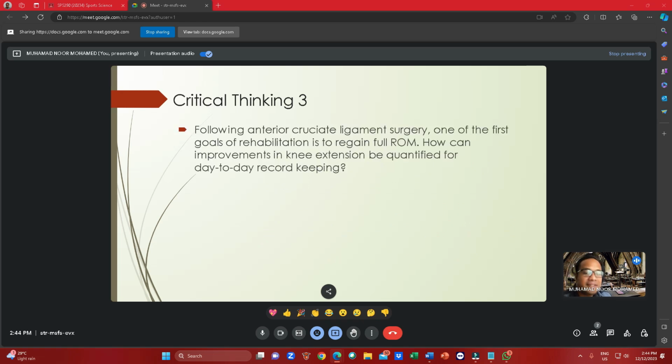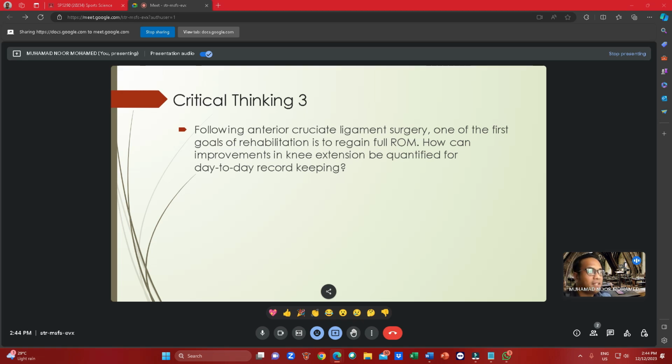following an ACL surgery, one of the first goals of rehabilitation is to regain full range of motion. How can improvement in knee extension be quantified for day-to-day record keeping? This person underwent an ACL reconstruction.